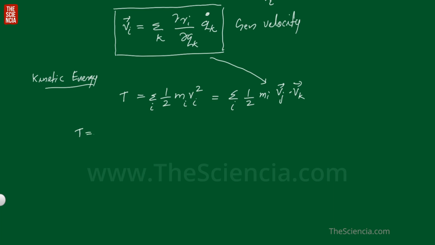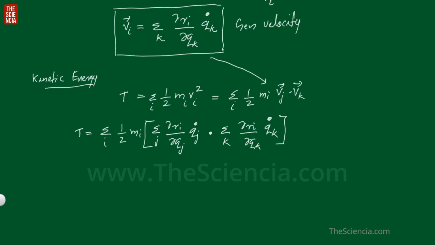We get T equal to summation over i of 1 by 2 mi into summation over j of dou ri by dou qj qj dot, dot summation over k of dou ri by dou qk qk dot. Here these are vectors, that is ri, and the qj dot and qk dot are scalars.